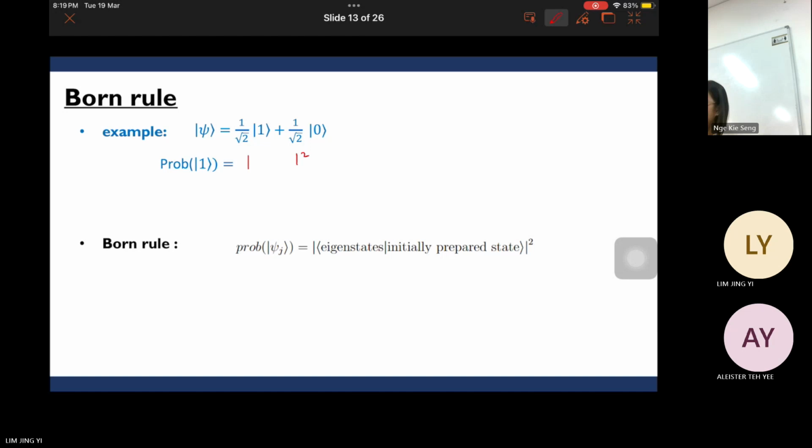For example, if we want to find the probability of the state in the eigenstate of state 1, you just take the inner product of 1 with the state, and then compute this. What you get is just 1 over 2.